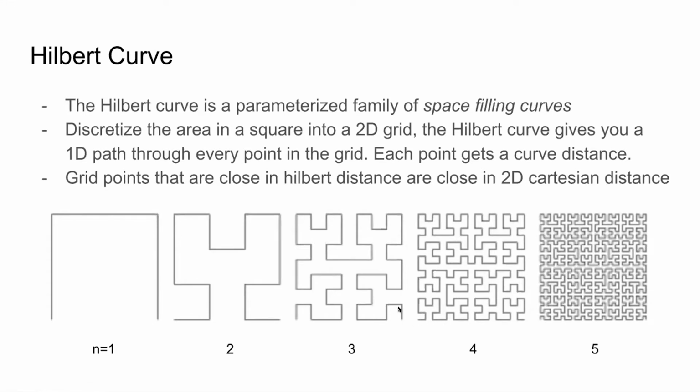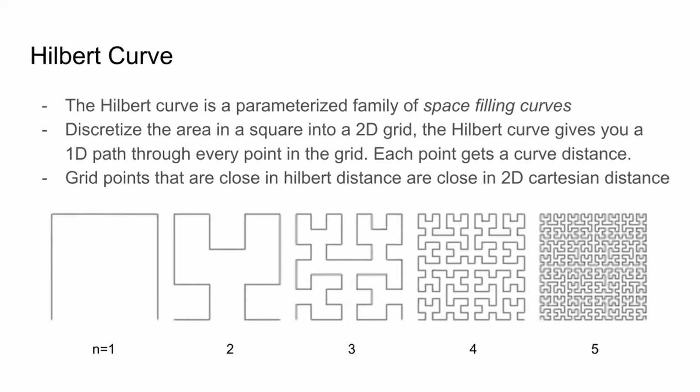As the resolution increases, you can get these more and more dense curvy things, but if you follow the curve all the way through, you'll hit every point and then get to the end. So what that means is every grid point in the square, you can assign it a linear distance. You can give it a scalar distance. So you can go from a two-dimensional point in space to a scalar distance.